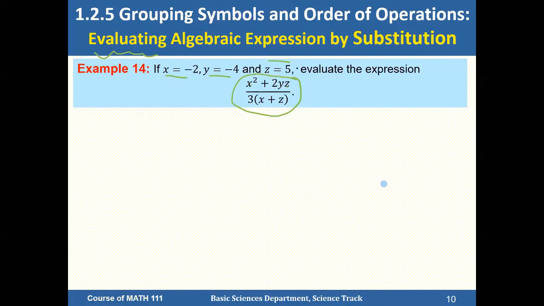So you just have to apply the numbers he gives you. We have to replace each variable by its value.